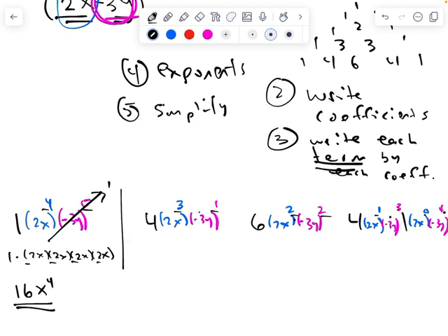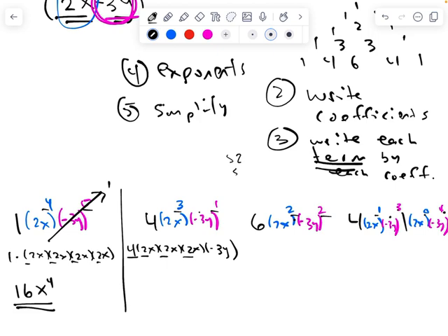This next term, if I write this out the really long way, that's going to be 4 times 2x times 2x times 2x times negative 3y. So now I've got to start multiplying. 4 times 2 is 8, 16, 32. 32 times 3 is going to be 96.